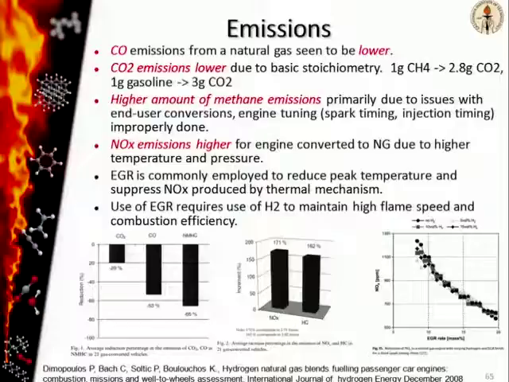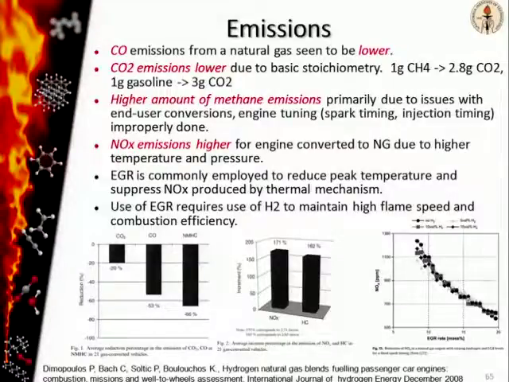As I mentioned before, tuning the engine and getting the right spark timing and injection timing, if improperly done, can result in an increase in emissions instead of the decrease you would expect by switching to natural gas. Finally, NOx emissions are higher, but as I mentioned, you can do exhaust gas recirculation to reduce the amount of NOx, and at the same time, if you want to keep your flame speed high, you have to add hydrogen into the fuel in addition to doing EGR.